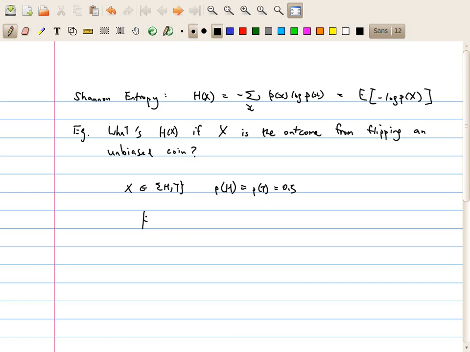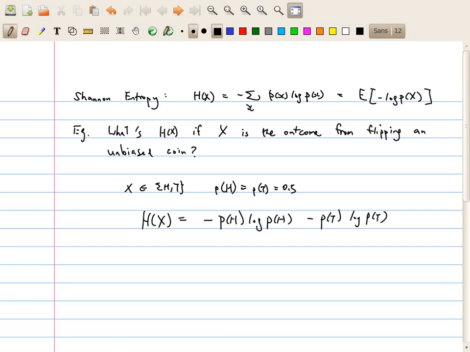So we have H(X) equal to the sum over the outcomes. The outcomes here are head and tail. So therefore we have minus P(head) log P(head) minus P(tail) log P(tail).